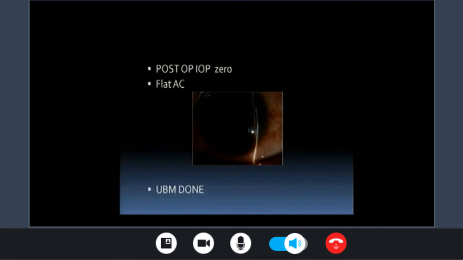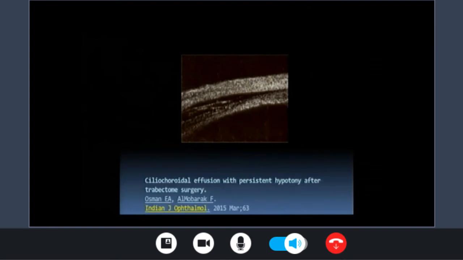The first post-op day, he had 0 pressure, flat anterior chamber. UBM done for him showed suprachoroidal effusion and cyclodialysis cleft. And actually, most of the time he still has a shallow anterior chamber, not formed well. But because he presented with light perception, he didn't make any problem for us.